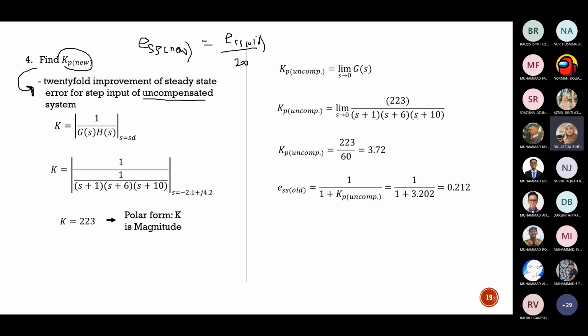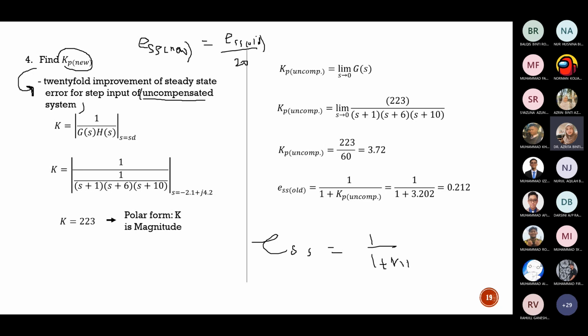And the old here refers to the uncompensated system, since the statement here is about the uncompensated system. So we need to find first the ESS old, or ESS uncompensated. The formula is given by 1 over 1 plus KP.